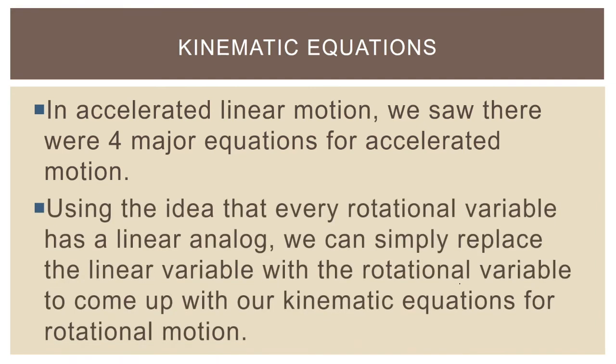Using the idea that every rotational variable has a linear analog, we can simply replace the linear variable with the rotational variable to come up with our kinematic equations for rotational motion. And that's what we're going to go ahead and do now. Use those to solve some problems, and then that'll be it for today. Take a second to pause this video here and write that down. When you hit play, we'll move on.